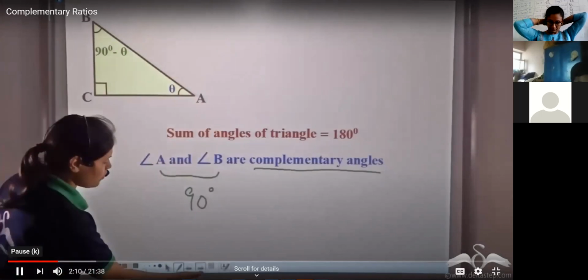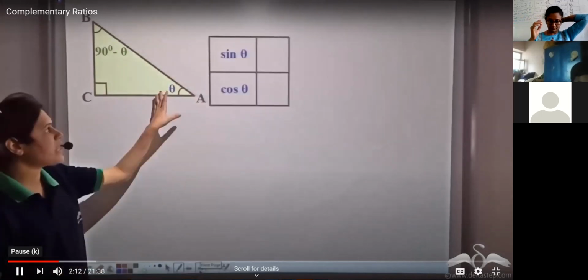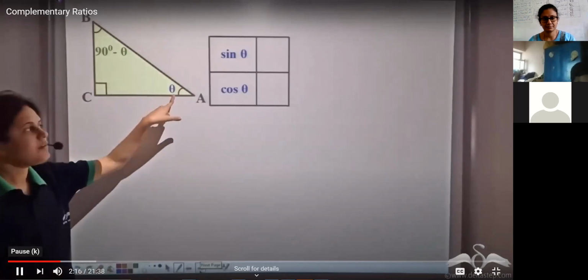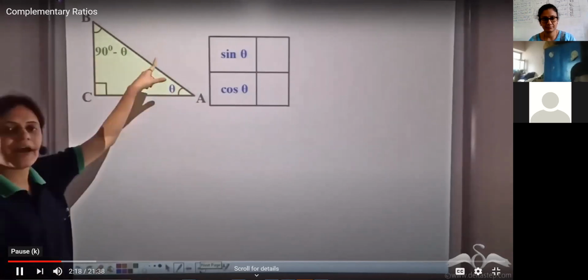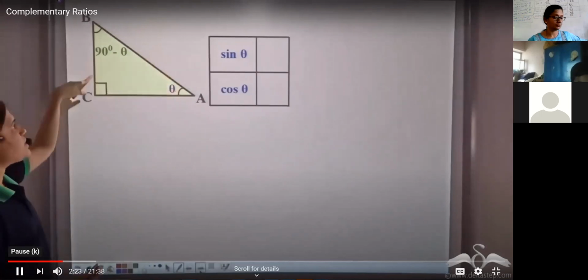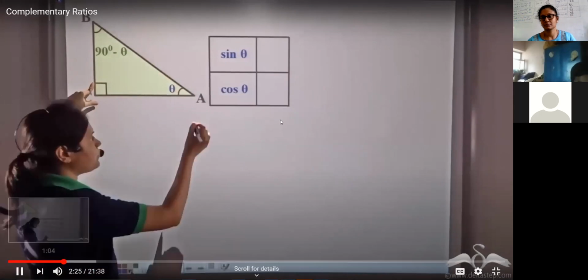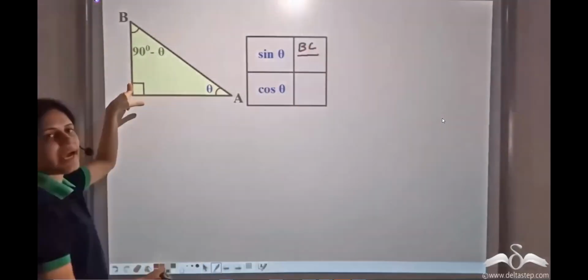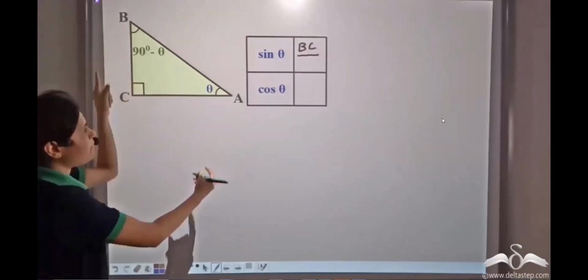Now, let us find the value of sine theta and cos theta from here. Sine theta is equal to opposite by hypotenuse. So the opposite side of theta is BC by hypotenuse, that is AB.